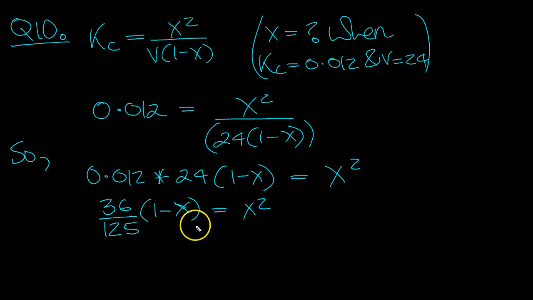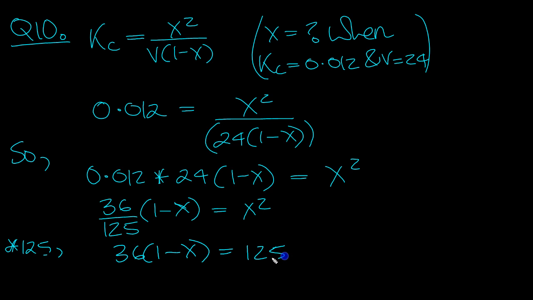So now I'm going to multiply by 125 both sides. 125 of this lot will be 36 of them. And we've got 125 of x squared. Expand this bracket. 36 minus 36x.